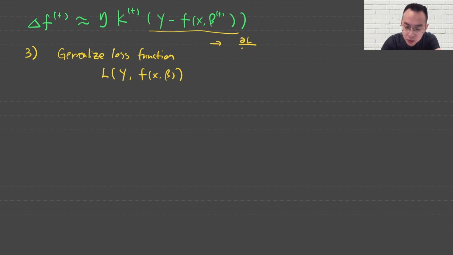When we have a general loss function, we just replace this term with this derivative. That's not going to change too much for this problem. We still have the same kernel dynamics, except that we cannot interpret this problem with a residual anymore. That's the only difference.